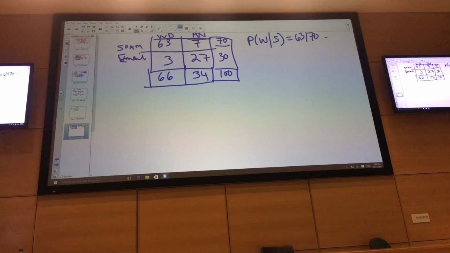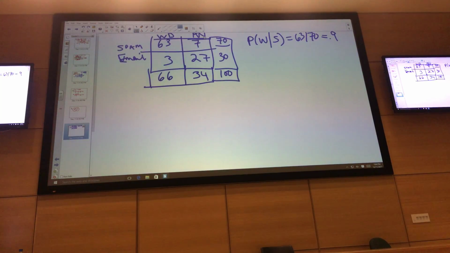So there's a 90% chance that the conditional probability of wingdings given that it's spam is 90%. Does that make sense? I just pulled that from the table. Now, usually we're not going to create this table, but the table makes it easier to see where these numbers are coming from. Yes?